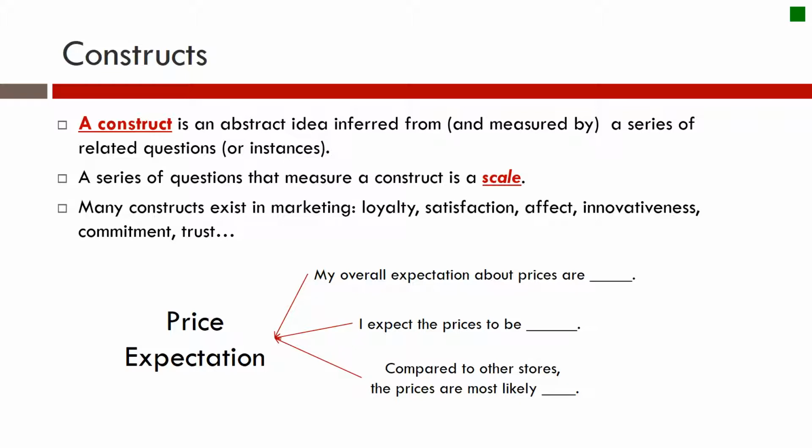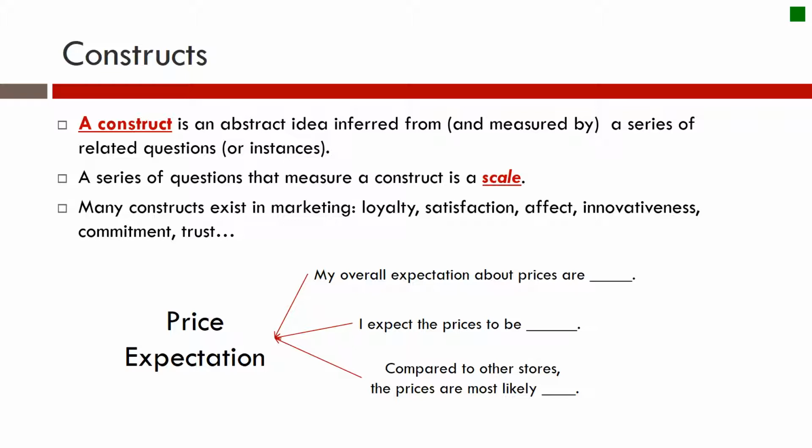And what we have, and this is a real scale, something that we would use in research. We would put these 3 questions in a survey, and we would ask respondents to give us a range or an answer to these 3 questions, and then we would put them together, and together the 3 questions form the construct price expectation.